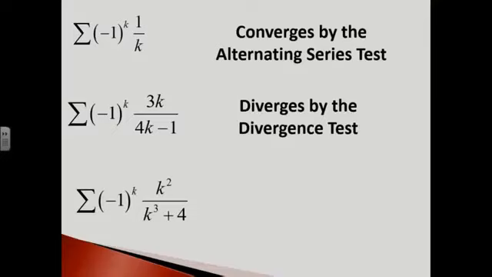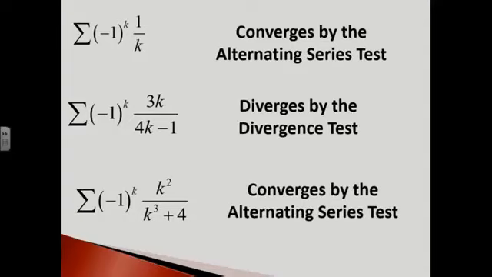We have lim a_k as k tends to infinity equals 0, and the sequence a_k is decreasing. We can verify this by computing the derivative of a_k and showing that it is negative. Thus, the alternating series test tells us that the given series must converge.